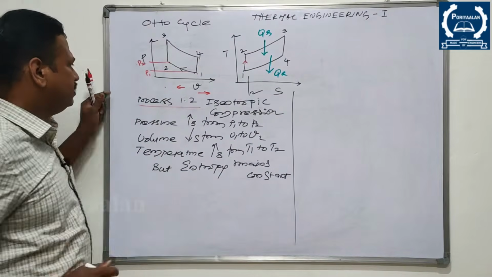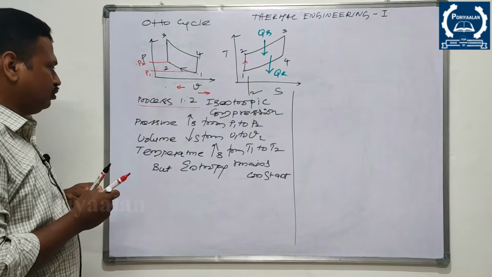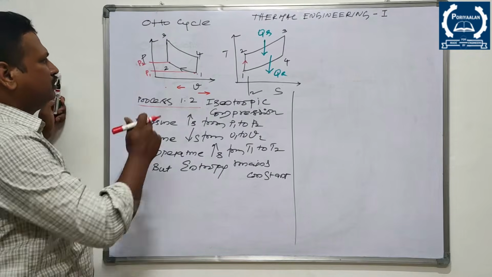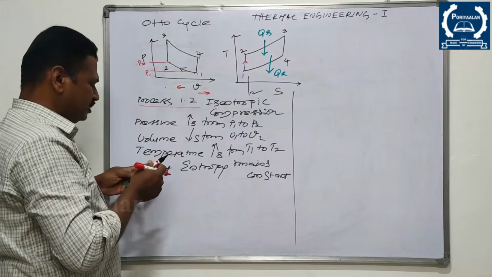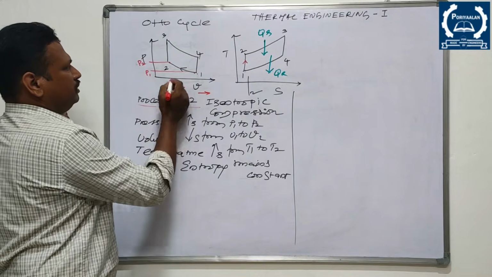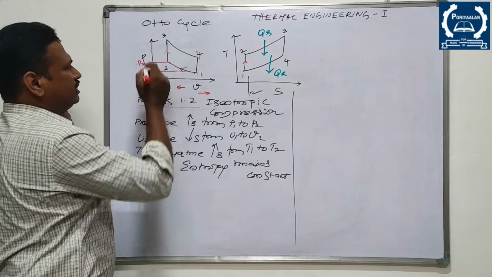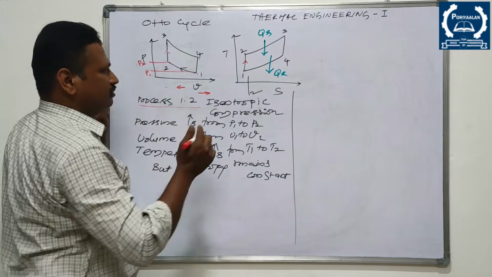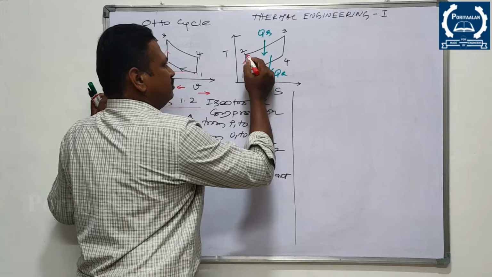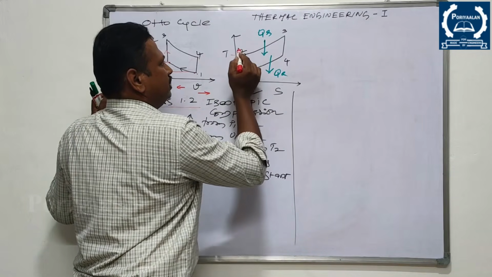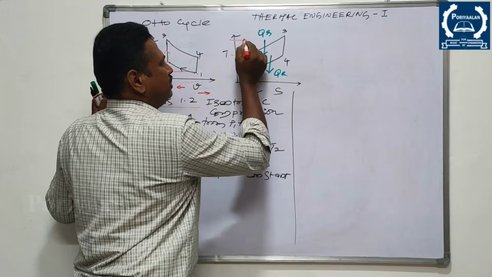So let me start with the PV diagram. Process 2 to 3, you can see this place. 2 to 3, it is a constant volume process, because there won't be any change in volume, but there is an increase in pressure. With reference to this diagram, temperature increases. You can see this is T2, this is T3.